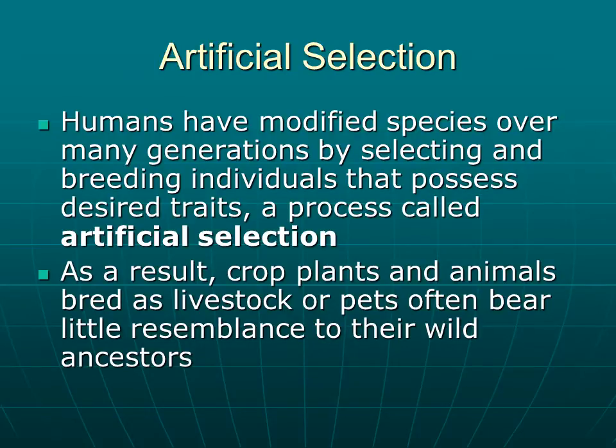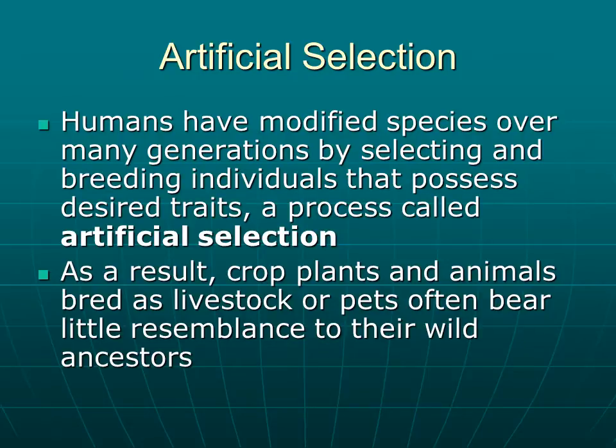If we're talking about evolution, it's always interesting to point out this thing called artificial selection. This is something that has come about because of humans. Humans have the capacity to selectively breed certain organisms in such a way that it might benefit us. It says humans have modified species over many generations by selecting and breeding individuals that possess desired traits.